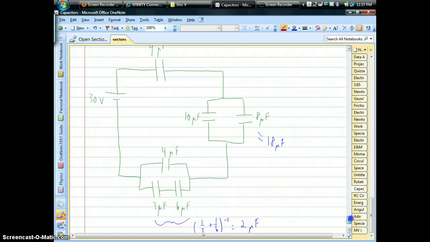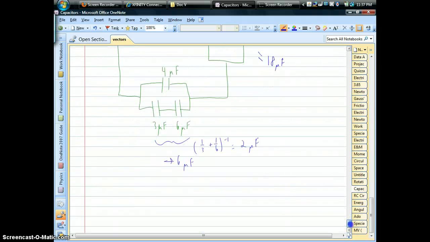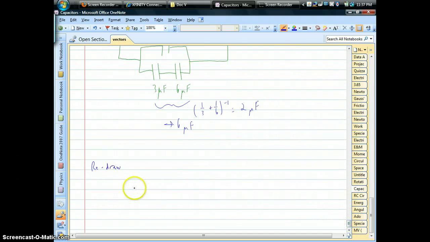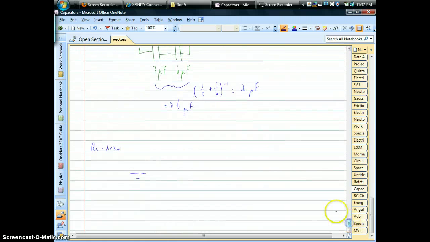So this is where it's useful to redraw this as a series circuit. So what I'll do is we'll have the 30-volt battery, the 9 microfarads on the top.